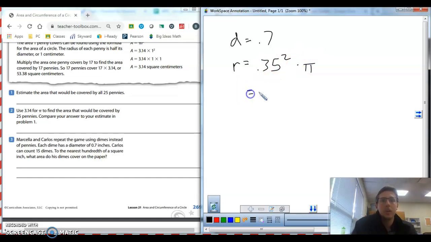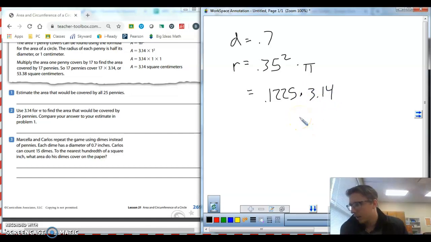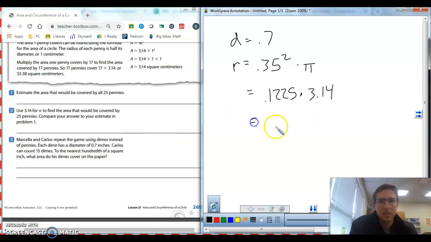Okay, well, 0.35 squared is 0.1225. Still need to multiply it by 3.14. And there you get 0.38465. Okay, now that's the area of one dime.